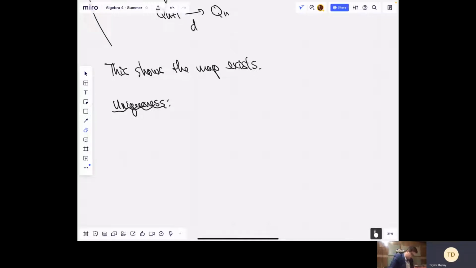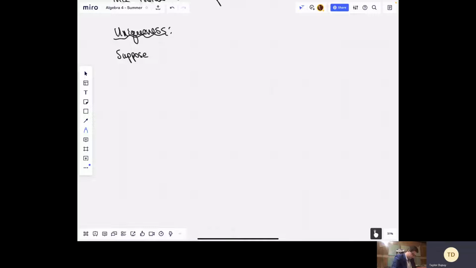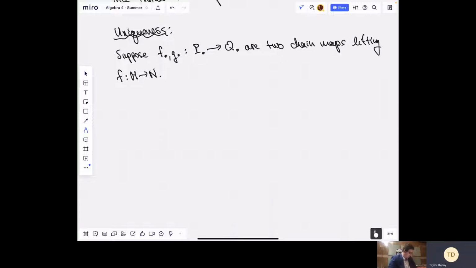So suppose we have two maps, F bullet and G bullet, from P bullet to Q bullet, which are two chain maps lifting this map F from M to N. We called this map F minus 1 last time. So what we'll do is construct a chain homotopy between them.